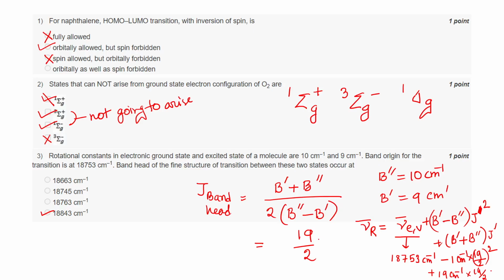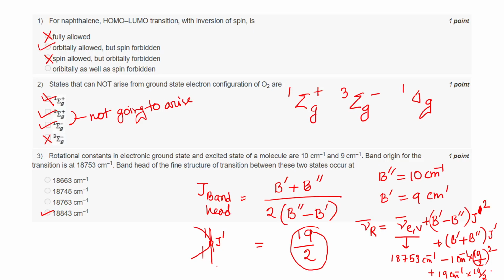You can even try it and ask how come 19 by 2 is a point. See, the band head is at this position. It is not like it has to be a particular J dash. It is not continuous, so that is why it is coming as 19 by 2. If you take 9 or 10, your 9 or 10 might be something like here. So to get this, you have to take 19 by 2.